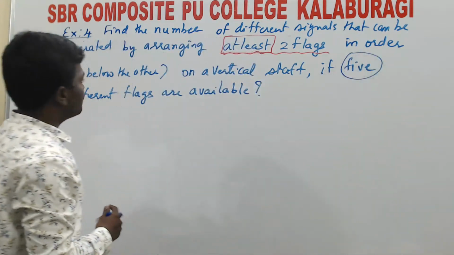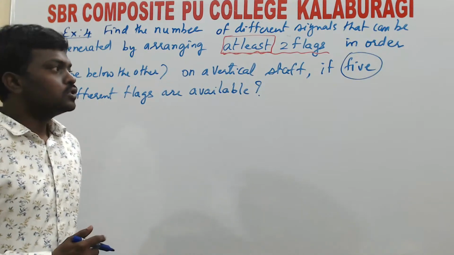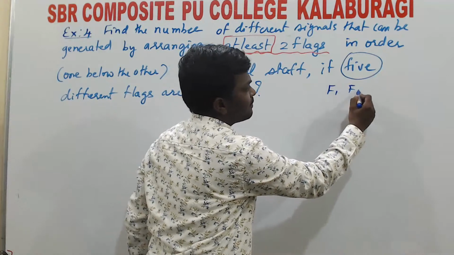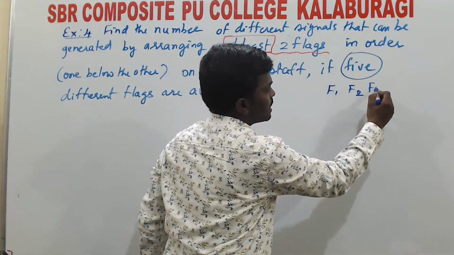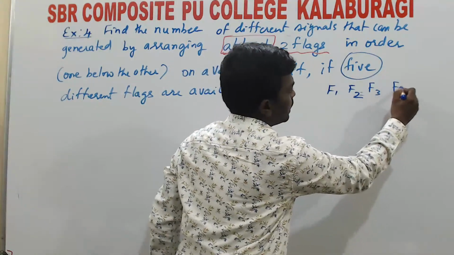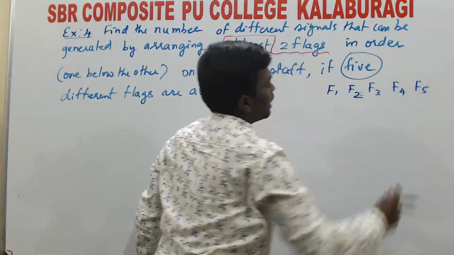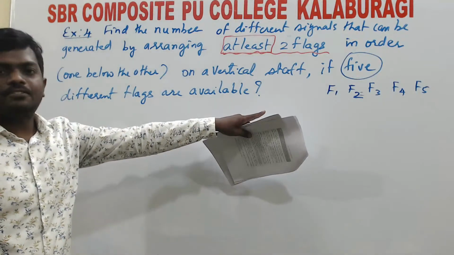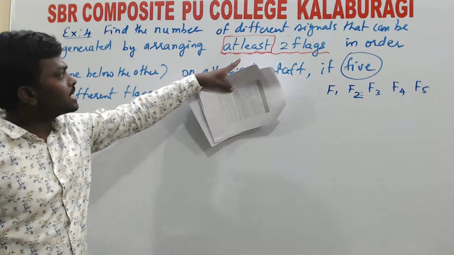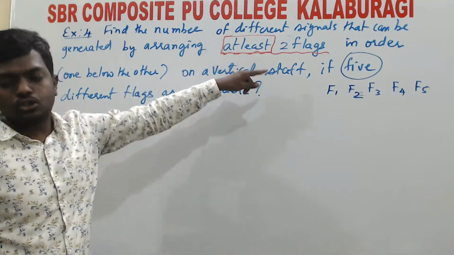If five different flags are available. Okay, so how many options do we have? Five different flags. So let me name them as F1, F2, F3, F4, F5. Okay, so five different flags have been given and they are asking us to arrange at least two flags.